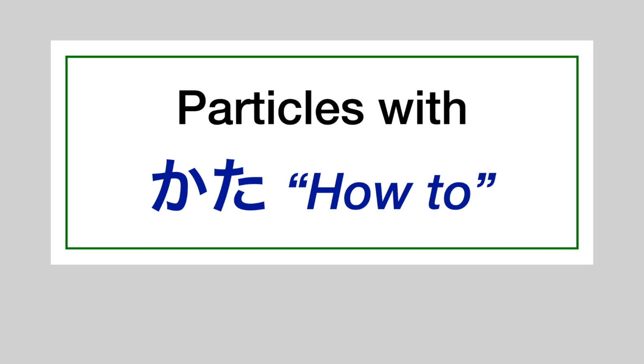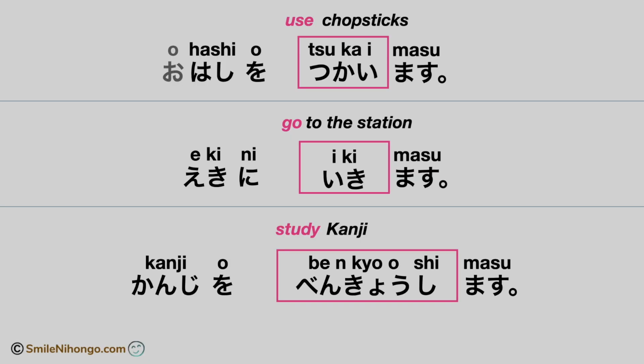Okay, from here, I'm going to dive into the details of how to use particles with the expression kata. Please take notes, okay? Take a look at these three phrases here.